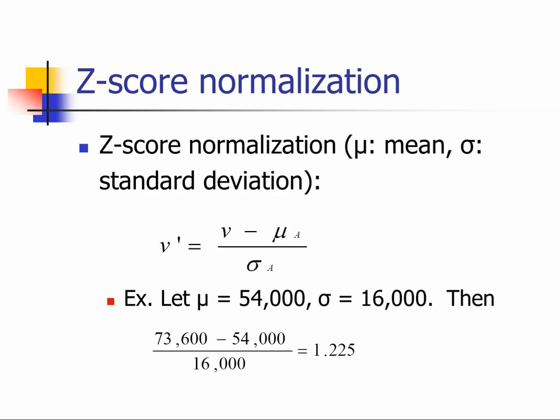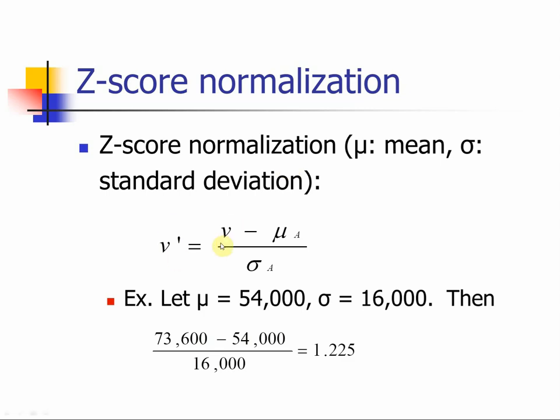The next approach is called z-score normalization. This one is not going to give you a value between 0 and 1, but it gives you a z-score. The z-score is very helpful in understanding how extreme or how unlikely a value is, using the map of the z-score. To do z-score is another very simple approach.